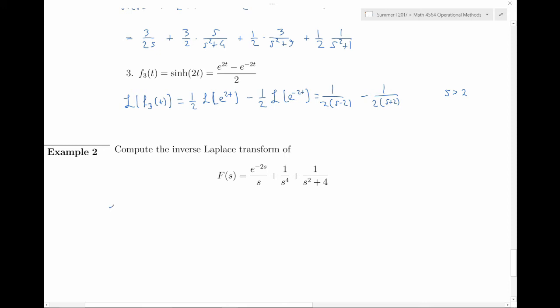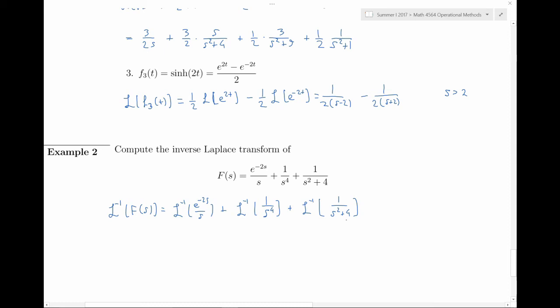So the inverse Laplace transform, which we're going to denote L to the negative 1 of capital F of s, is going to be the inverse Laplace transform of e to the minus 2s over s, plus the inverse Laplace transform of 1 over s to the fourth, plus the inverse Laplace transform of 1 over s squared plus 4.